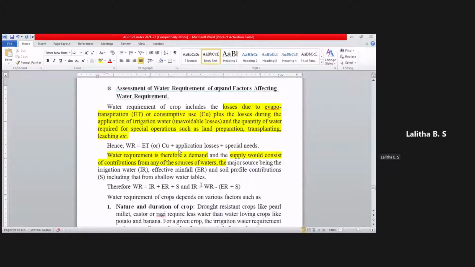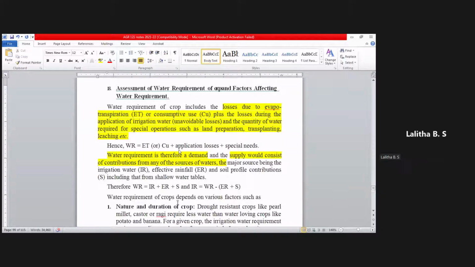Then again, the total water requirement is calculated by excluding effective rainfall. Sorry, ER is effective rainfall plus soil contribution, maybe from the profile. If the soil is in a high rainfall area, the soil also is going to contribute. So that's why this is the one.